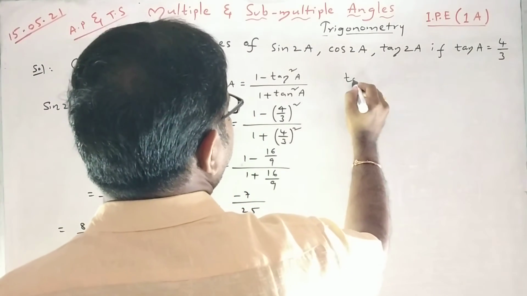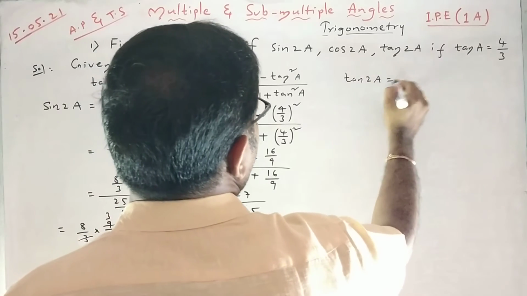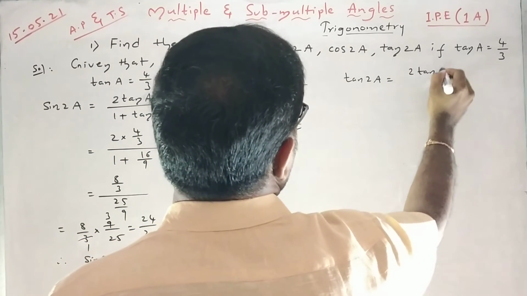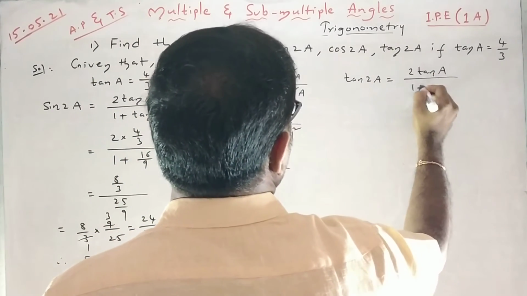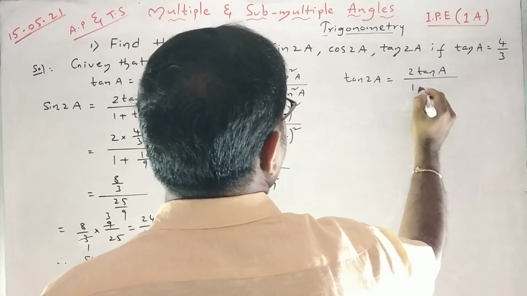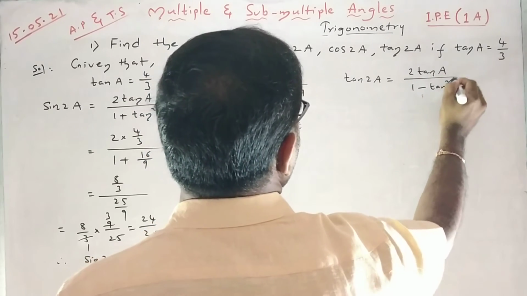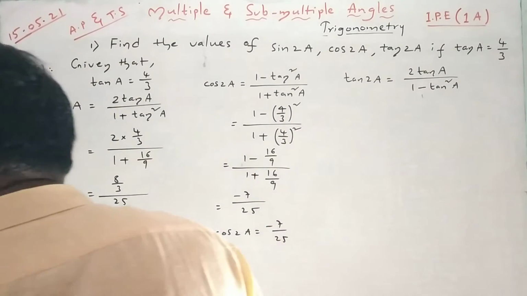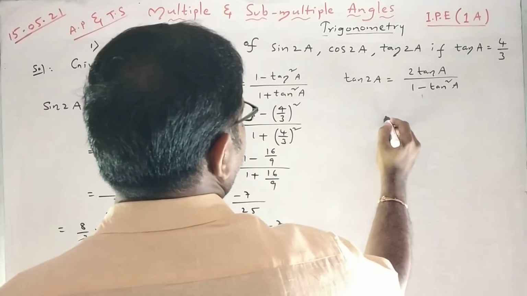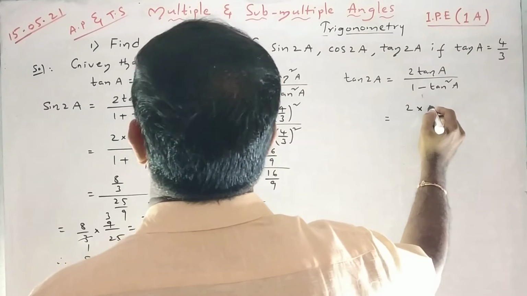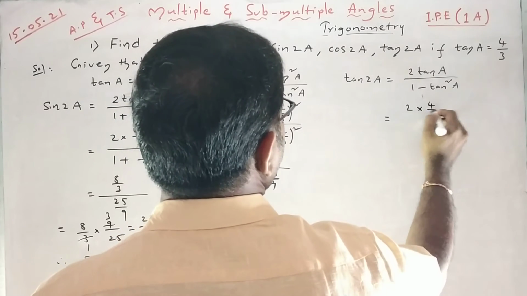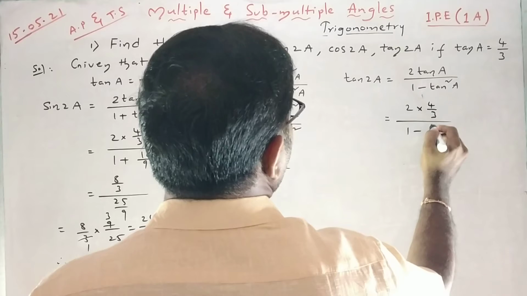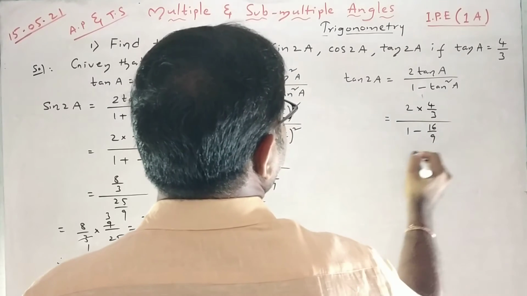Next comes tan 2a. 2 tan a by 1 minus tan square a, that is the tan 2a formula in terms of tan a. Okay, now substitute the values. 2 times tan a value, 4 by 3, by 1 minus 16 by 9.